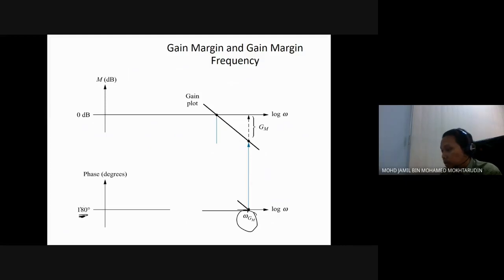When you have a Bode plot, you just need to look at 180 degree phase and find the frequency where your Bode plot intersects 180 degree. And then at the gain margin frequency, you need to look at your magnitude Bode plot.